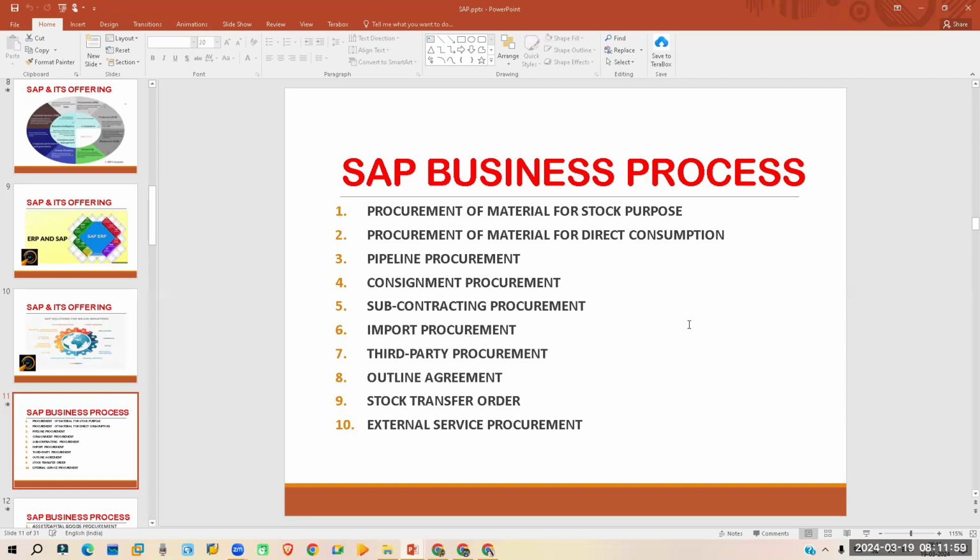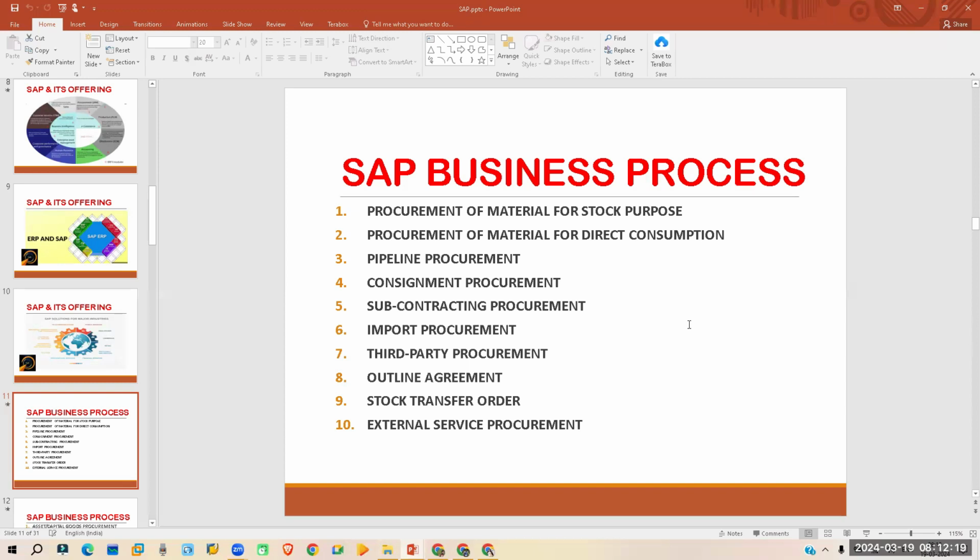Next one is import procurement. Basically, if we are procuring something from outside our country, it is called import procurement. Before S4 HANA, import procurement was there in our business process. Right now in S4 HANA, import procurement is not in our MM side.